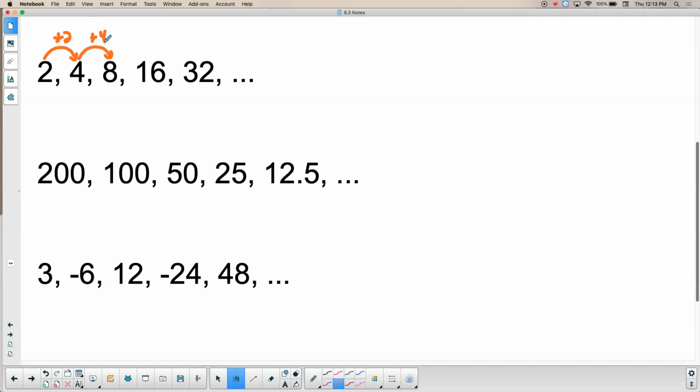So right there, that tells me it is not arithmetic. Okay. So then I look to see if I can multiply by something. 2 times 2 is 4. 4 times 2 is 8. 8 times 2 is 16. And 16 multiplied by 2 is 32. So this would be a geometric sequence.